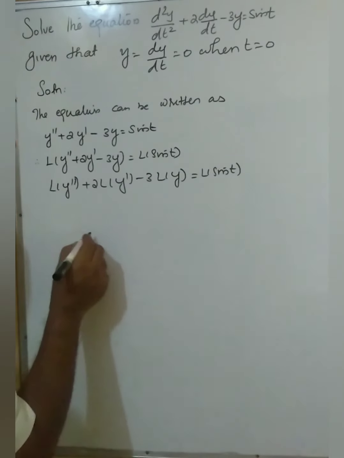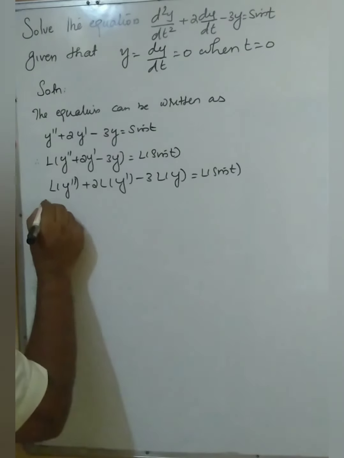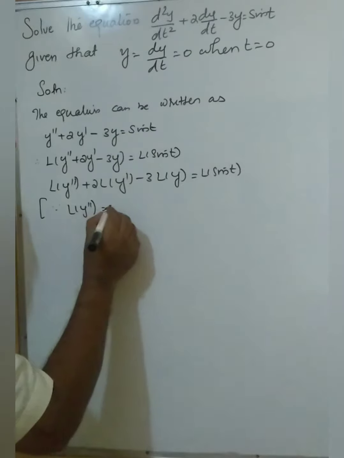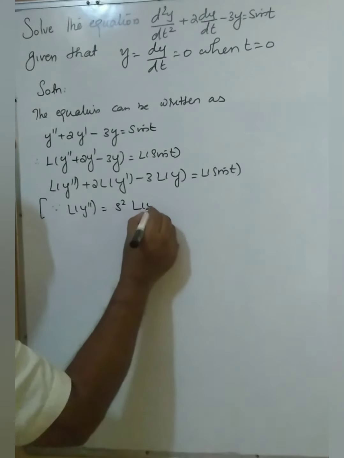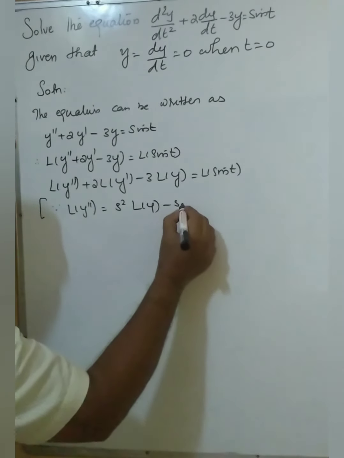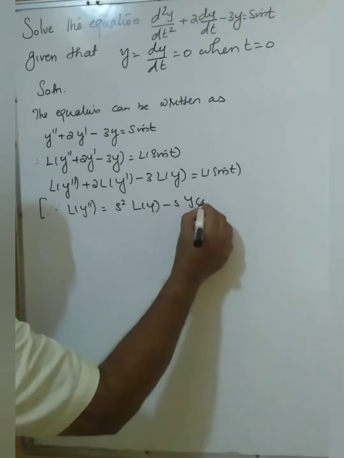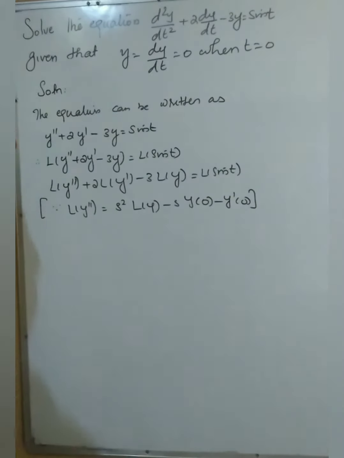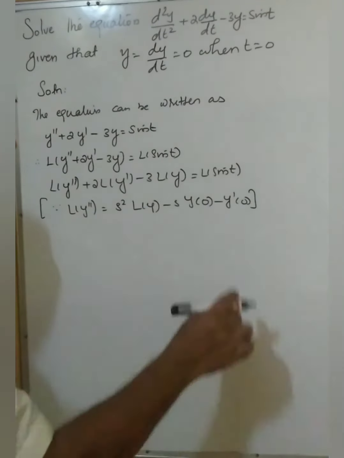Okay, so let us write the formulas. L of y double dash is equal to s square into L of y minus s into y of 0 minus y dash of 0. So this is for the first one.